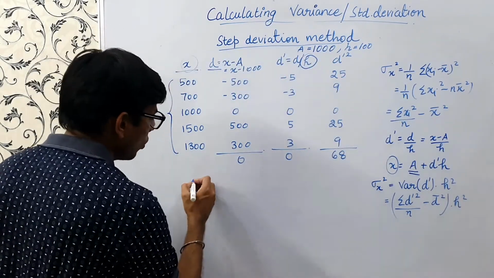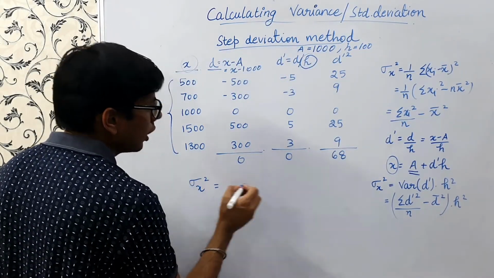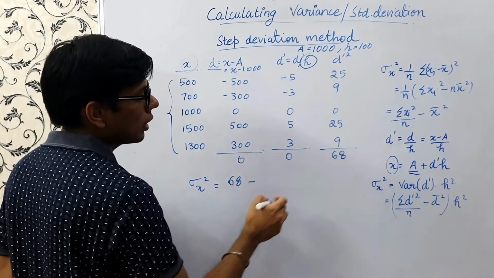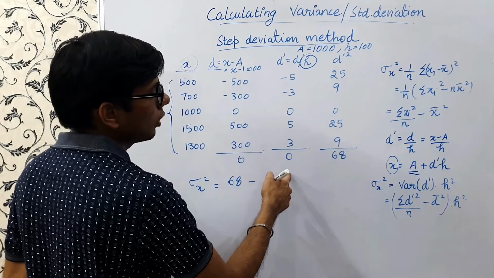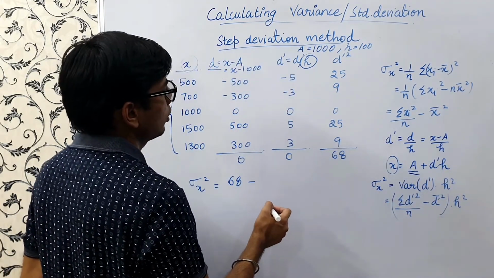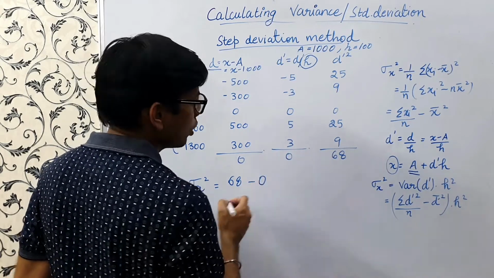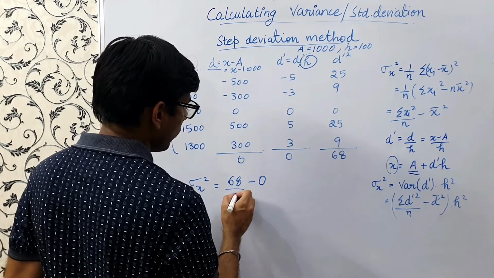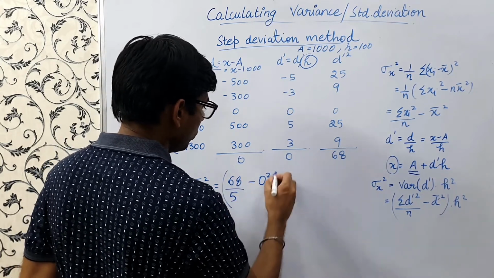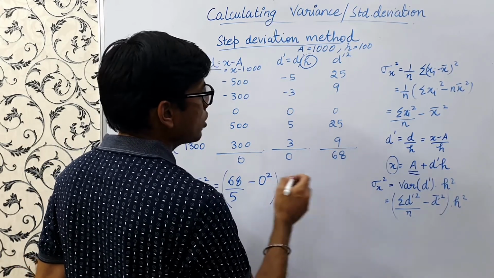So now we want to calculate sigma x square. It would be summation d dash square is 68, minus d dash bar, summation d dash is 0, so it's 0, sorry, n is also there, which is 5, 0 square into h square.